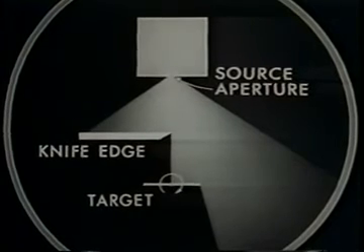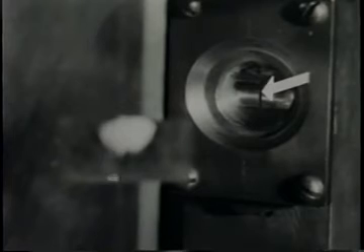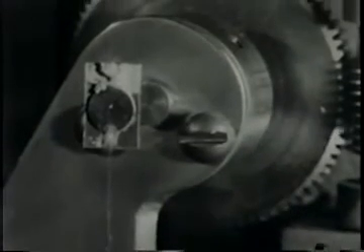Here is the source aperture, the knife edge, and the target. The target is suspended by a torsion wire. We will see the angular position by light reflected from this little mirror. Here is the spot. I'll mark the starting position.